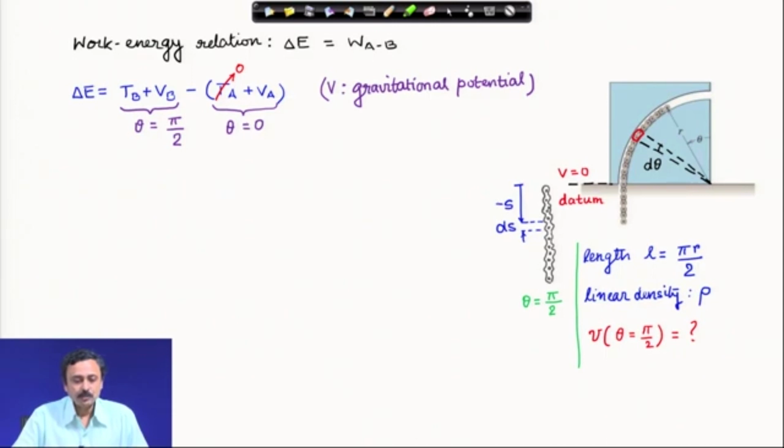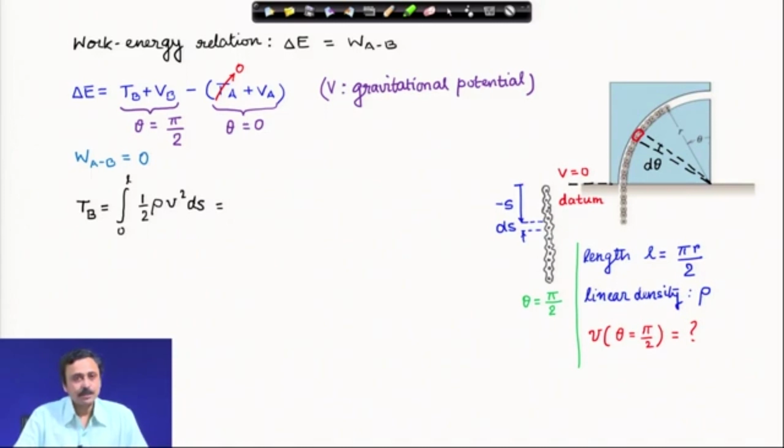Anyway, our problem is frictionless. Now, we have to calculate the kinetic energy and potential energies at these two locations. The work done as the chain moves from configuration A to configuration B: there are no other forces than the potential force, which is gravitational force, and that is already included in V. Therefore, work done by any other external force is 0.